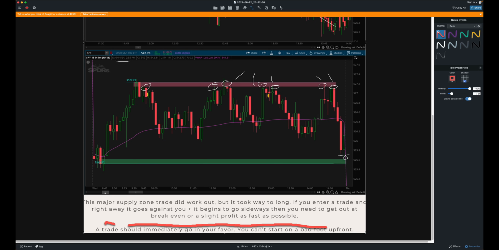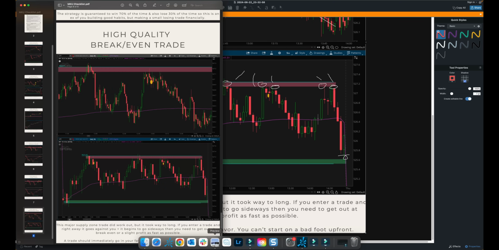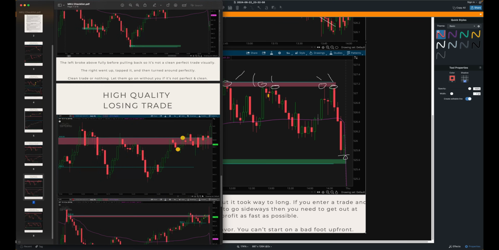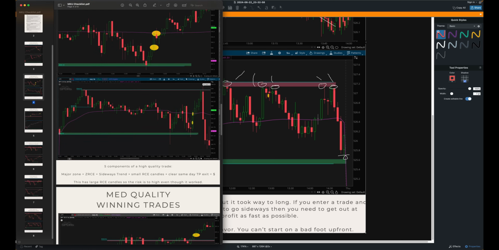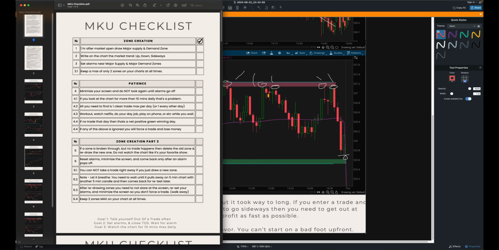You can't start off on a bad foot up front, especially if you're a new trader as a whole. Once you're experienced, you can take some more of those trades like that. So overall, this is the MKU checklist for how exactly to do the entire strategy from A to Z.